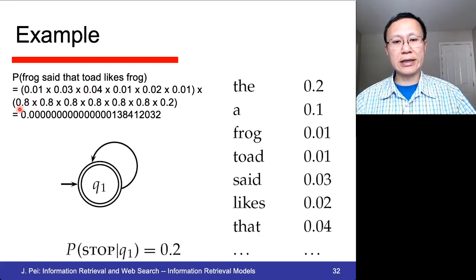And you can see here, we also have the 0.8 here, meaning at any time, Q1 has a probability of 80% to continue to the next word and has a probability of 20% to stop. So that's the reason we have this 0.8 here, and we also have the 0.2 at the end of the sequence.